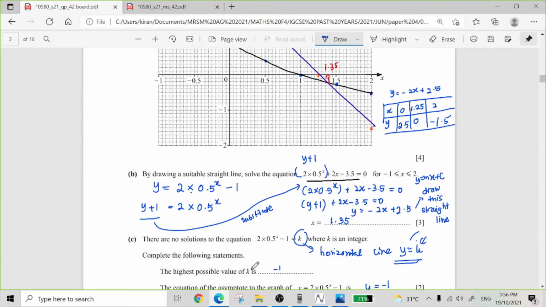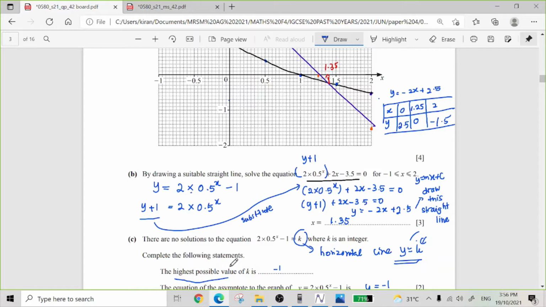Paling-paling lah the highest possible value. Sampai kat situ memang tak ada solution. Kalau you buat negative 0.7, negative 0.6, negative 0.8, also no solution. Negative 0.9 is also no solution. But the question asks you the highest possible value.